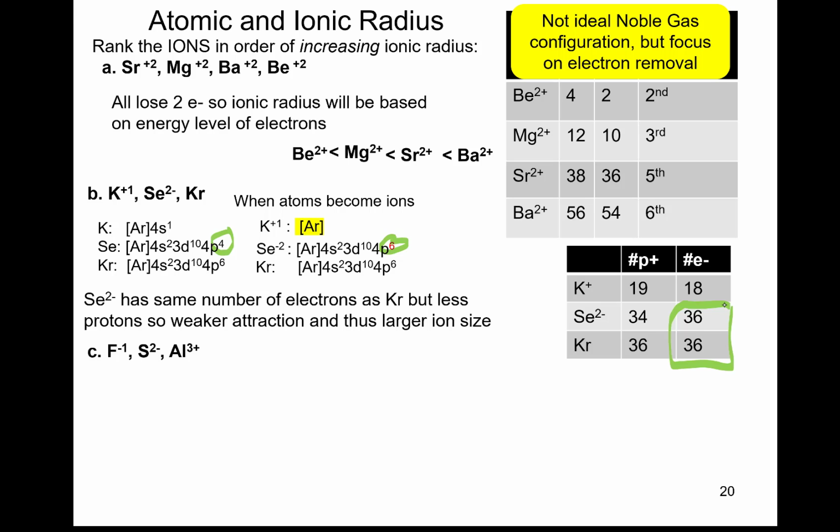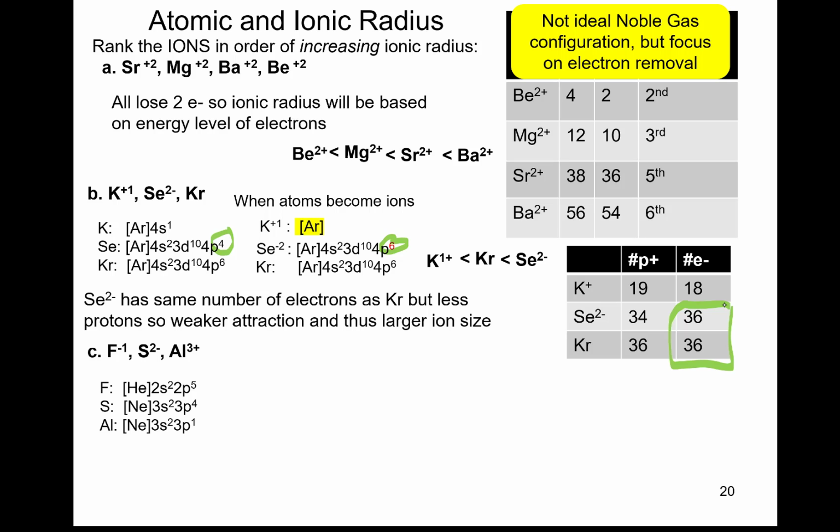If your attraction isn't as strong, then you can't hold on to those electrons as tightly, so it will not stay as close, so it gets bigger. So the K plus, the potassium ion, is going to be the smallest. Then krypton, because it has more protons than the selenide ion does, and then the selenide ion.